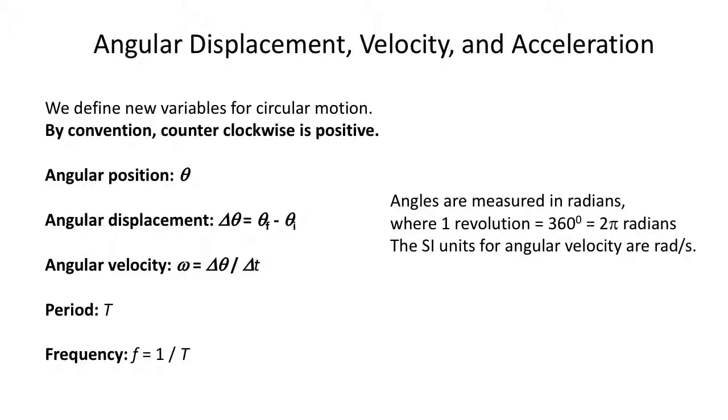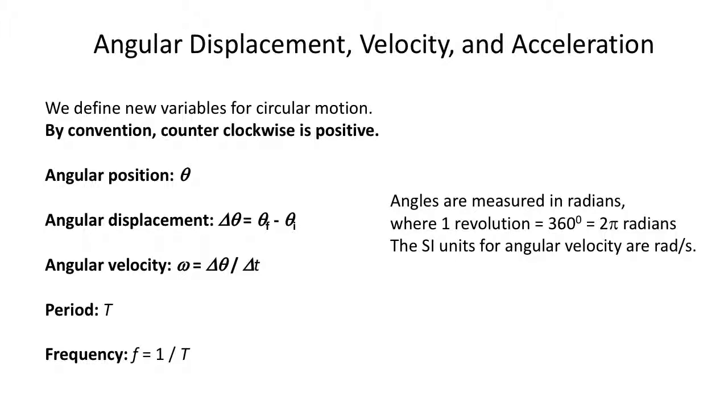So let's say we can start really simple and say this is at T1. I take a snapshot of this object, and I look at its radius, and I look at the angle that it is from the x-axis. So I'm going to define this as theta initial. And I can call this 1 or initial as well. So that's my initial time. I take a snapshot, and I look at its angle.